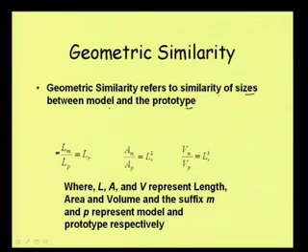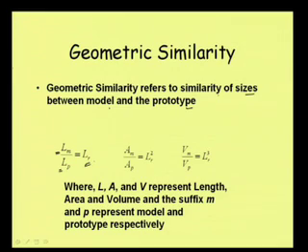If we maintain a ratio between the length of the model and the length of the prototype, that means we maintain a scale between model and prototype, which we call the geometric scale. So what will that ratio be? The ratio of the length of the model to the length of the prototype we call the length ratio.